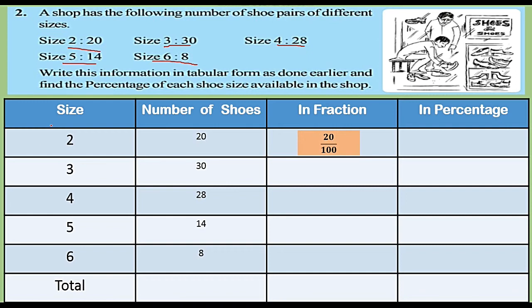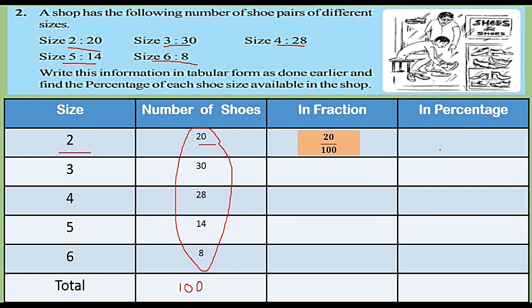So here I have made the table for it. Size number 2 is having 20 pair of shoes. So in fraction it becomes 20 upon 100. Why it is 100? Because if we add all these, you are going to get it as 100.